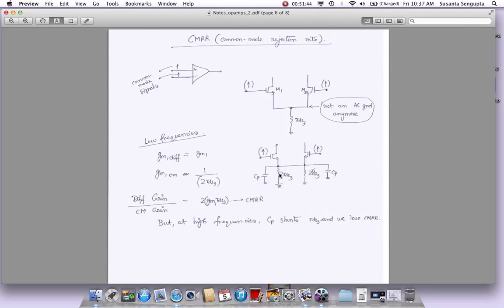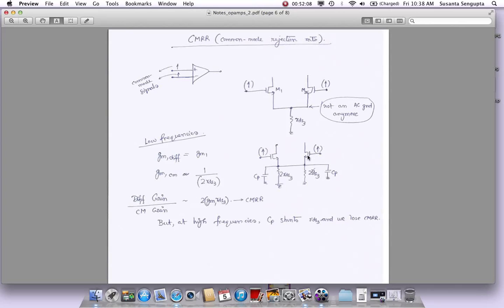That's the basic fundamentals of the source follower, which I'm hoping that you know. If you don't, just go revisit a source follower and see how the effective GM and gain look. So here is the GM for differential mode, here is the GM for common mode. What is the ratio of the differential mode gain versus the common mode gain? The rest of the circuitry is the same whether it's differential or common mode.